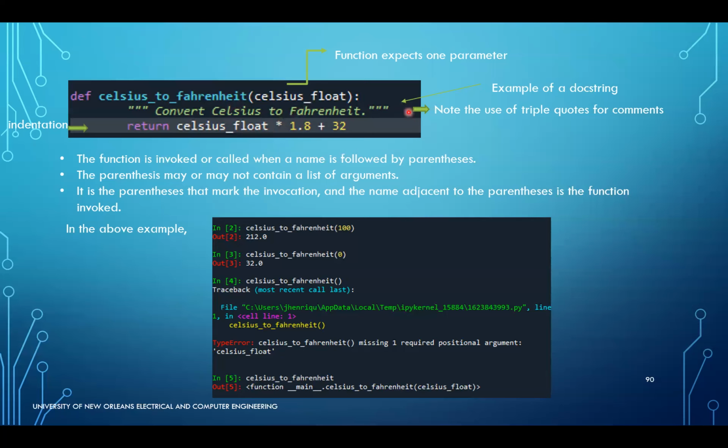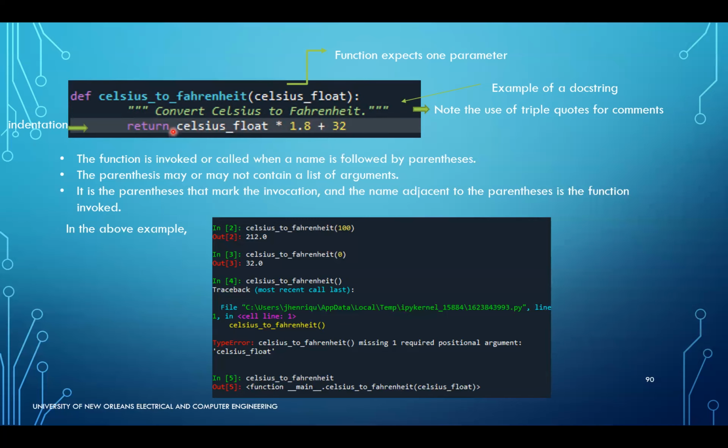It uses triple quotes, okay? So whenever we see triple quotes after the def statement, it's going to be interpreted as a docstring, and it's going to be taken as a comment. It's going to ignore whatever is inside the triple quotes. We'll see in a minute how that's useful.